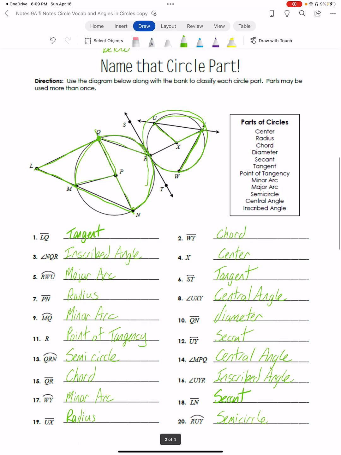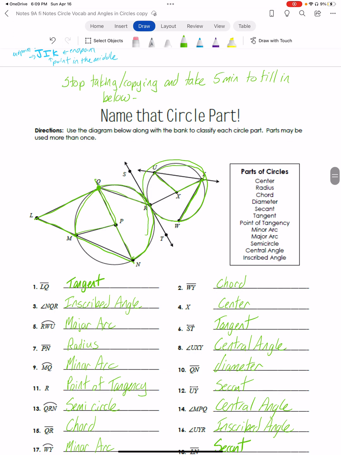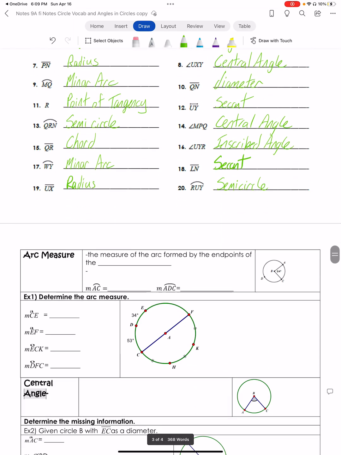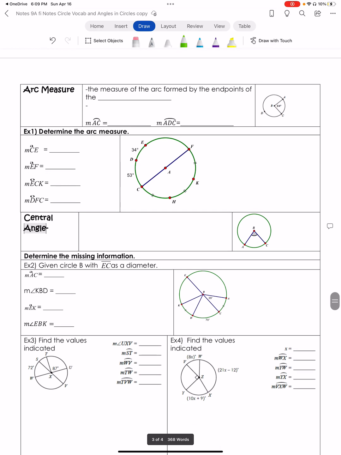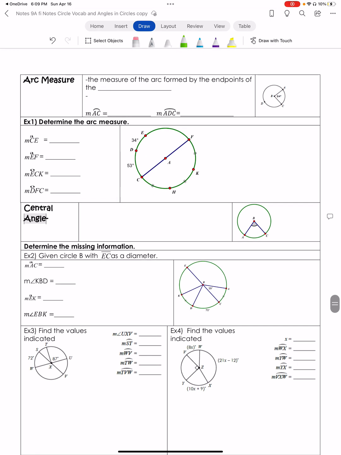So make sure you check your work. Hopefully that went well. Alrighty. So let's go to the rest of this, just a couple pages. So, arc measure.